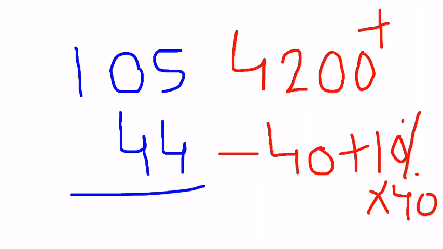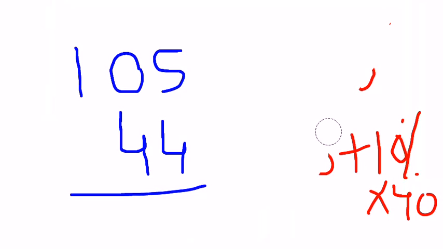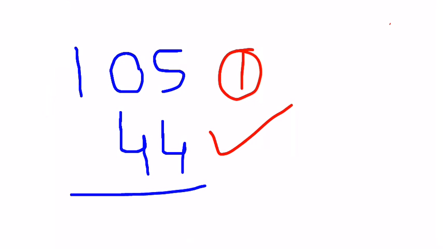So the thing is that you have two options with this percentage method to calculate this whole thing. Either you break the first number into a percentage, which is 100 plus 5, and then multiply by 44, or you could break this one down, which is 44, and then multiply.